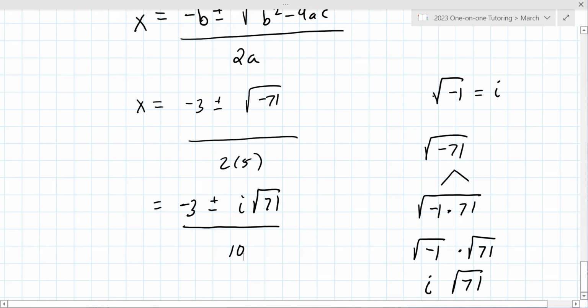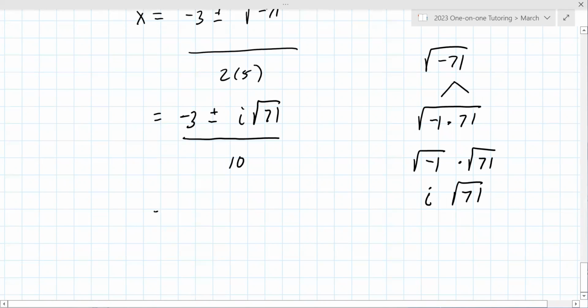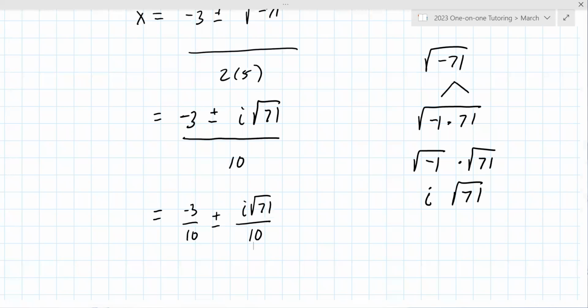Okay, and then you can divide each of these by 10, like that. Okay. Any questions on that?